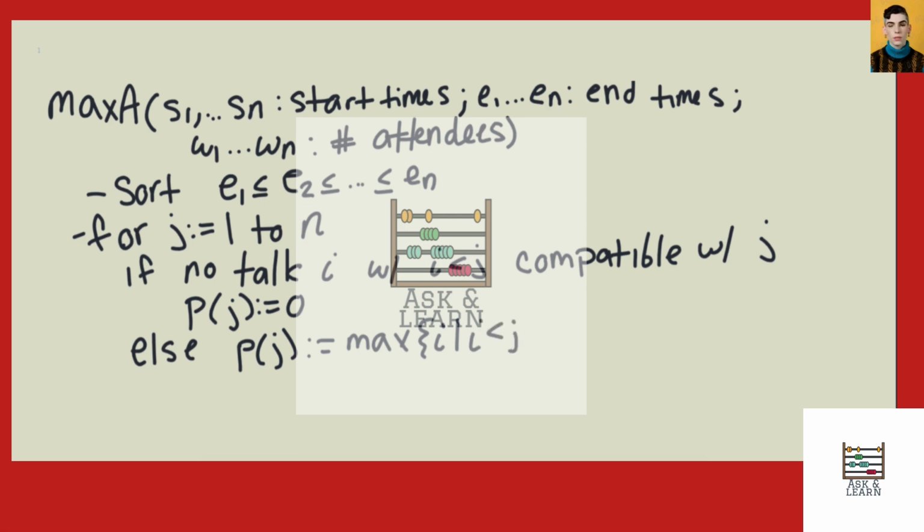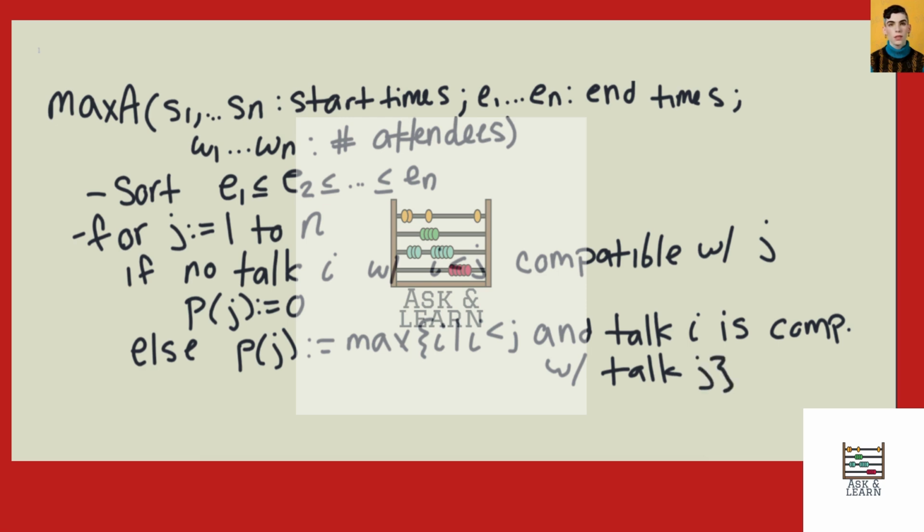And so we want the maximum number, where i is less than j and talk i is compatible, and I'm just going to put COMP for compatible, with talk j.